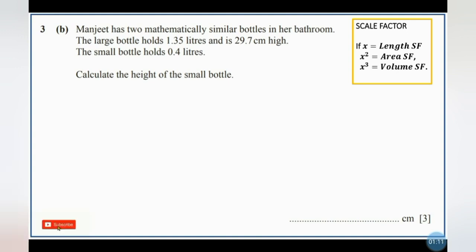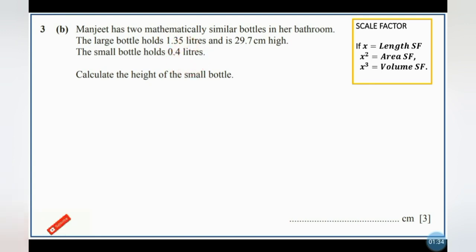In this case, what we know are the volumes of the two bottles, the small and the large. Since both volumes are given, we can find the volume scale factor of the two figures.